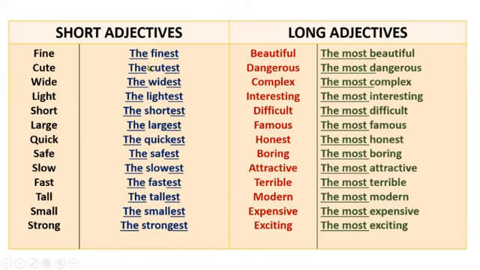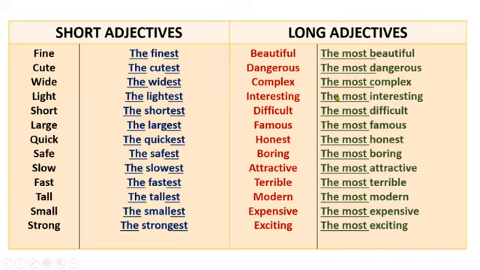Fine, the finest; cute, the cutest; white, the whitest; light, the lightest; short, the shortest; and large, the largest. You have to add est at the end, and this is the phrase in superlative.